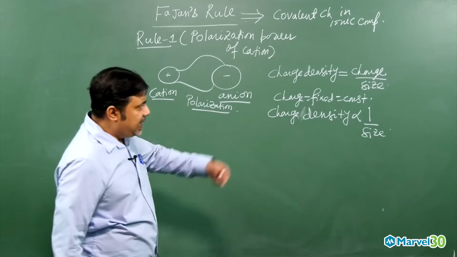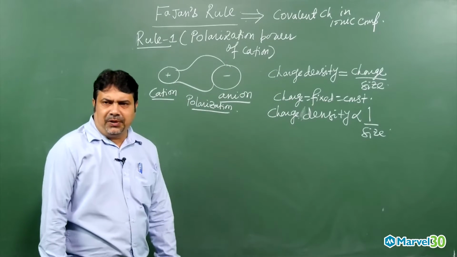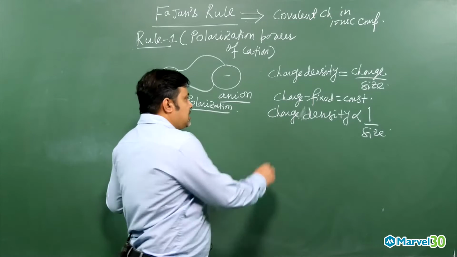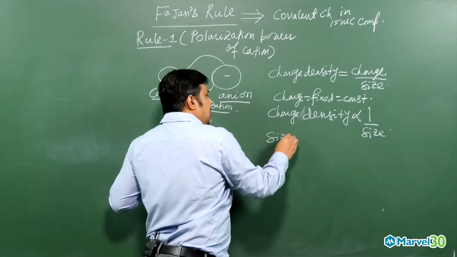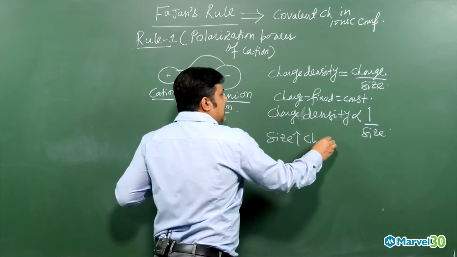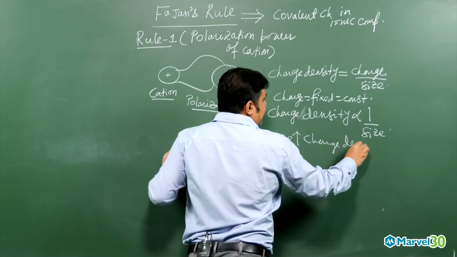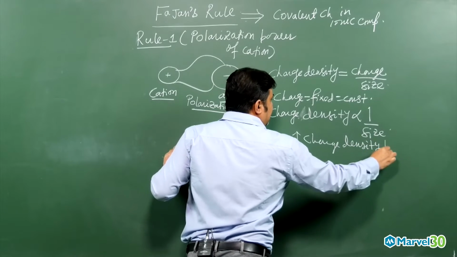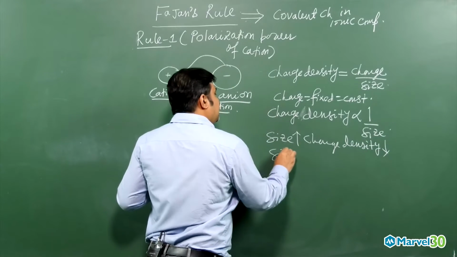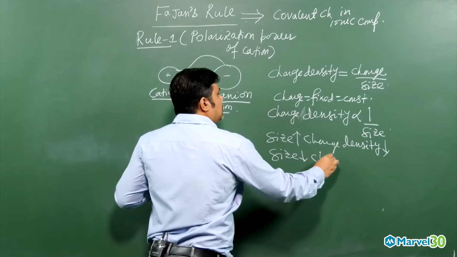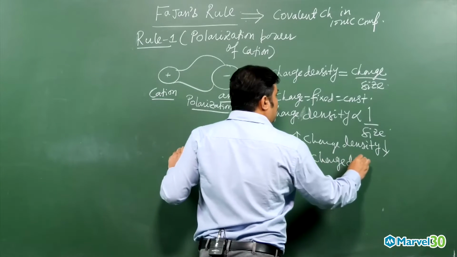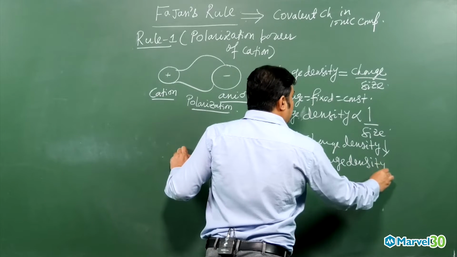So that means if size is more, charge density will be less, and if the size is less, charge density will be more.